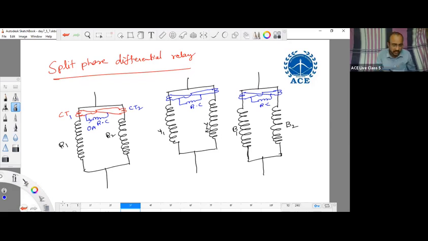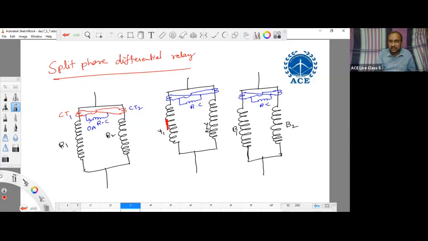Now let us observe what happens if a fault takes place. Suppose Y1 is experiencing interturn faults. When Y1 is experiencing an interturn fault, the number of turns in Y1 and Y2 will not be the same, because the insulation of some of the turns in Y1 has failed.